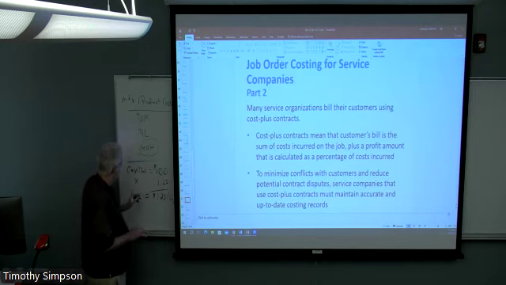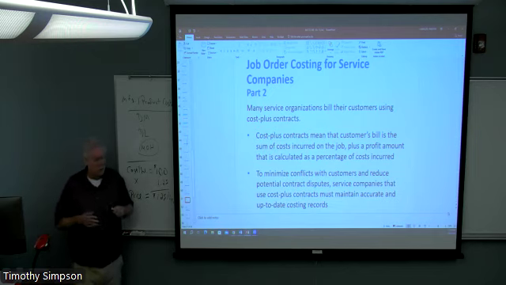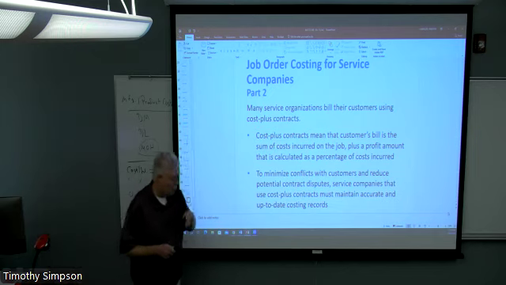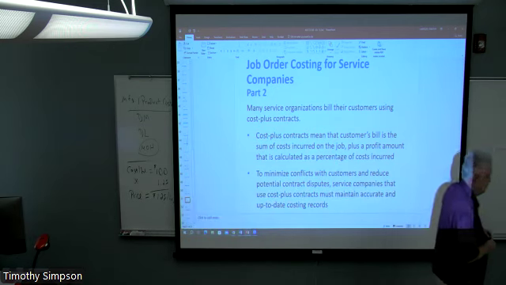Remember, cost and price are not the same thing. Cost is more internal to a seller. Price involves the buyer. And so in this regard, the buyer and seller both agree. This is just an example here: if we're pricing this by the hour, we're going to pay $125 an hour because you told us that the cost is $100.